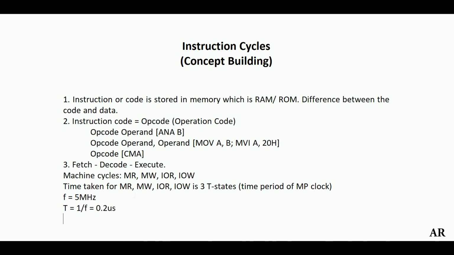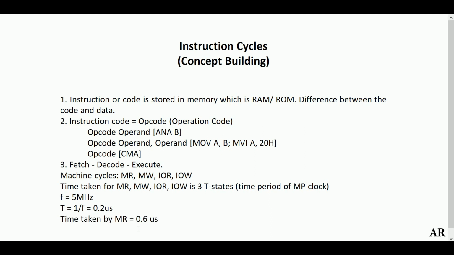Since the memory read cycle takes 3 T states, it takes 3 into T, that is 0.6 microseconds. So the time taken for the memory read is 0.6 microseconds. The same is applicable for memory write, IO read and IO write. This is your third point, which is very important for understanding the instruction cycle.